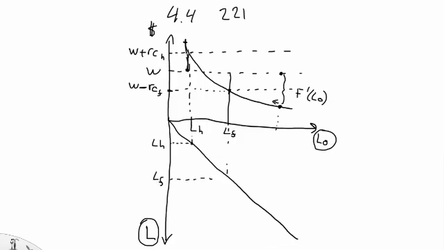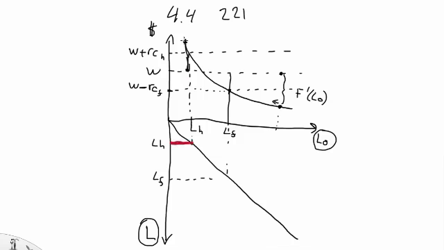Now we know that if the firm employs fewer workers than the LH level, they will move to LH. So any point in this region should result in us coming to LH.